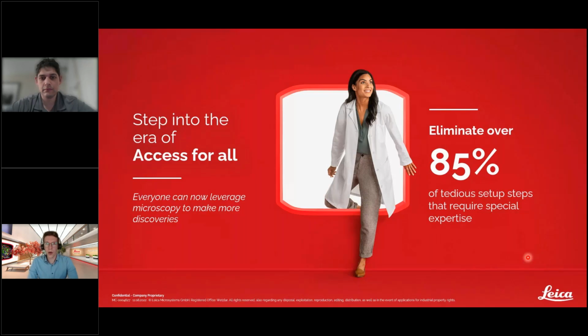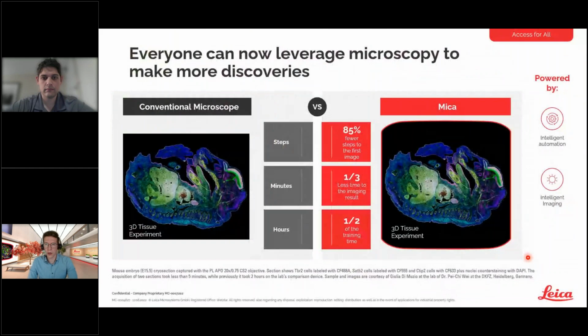So access for all, because we try to eliminate over 85% of the steps that are typically required when setting up your acquisition on a high-end fluorescence microscope. Here's an example. Again fitting into the spatial biology context, you see a tissue section labeled with, in this case, 4 different fluorophores.